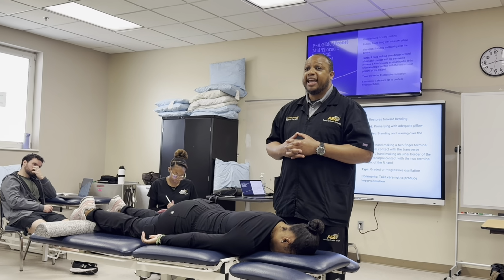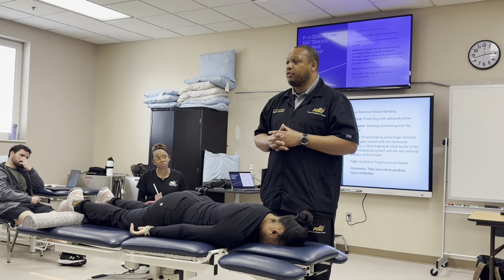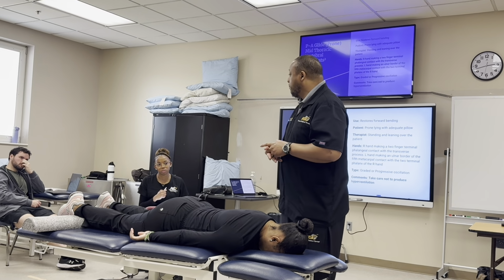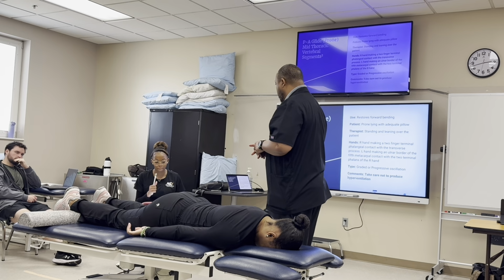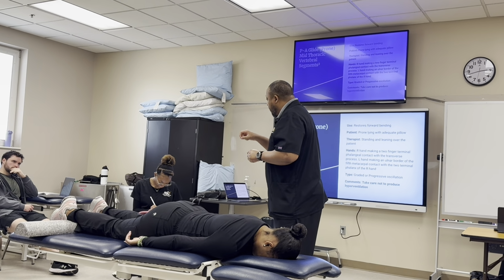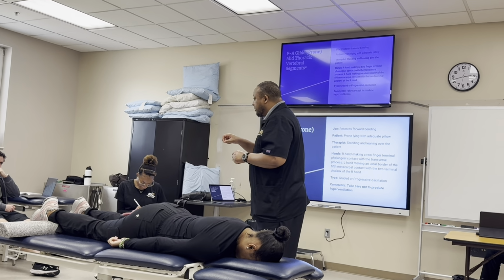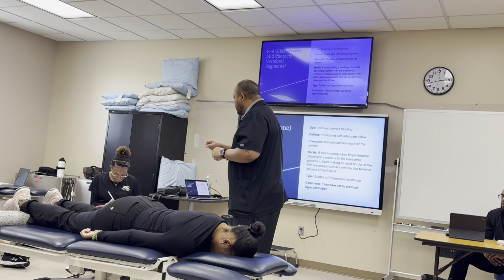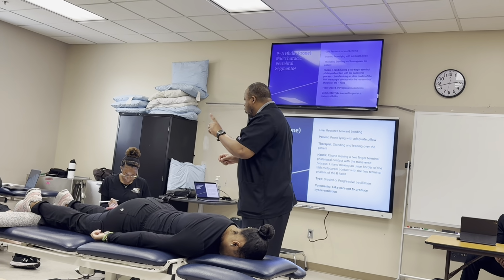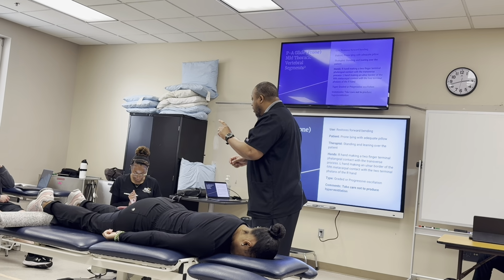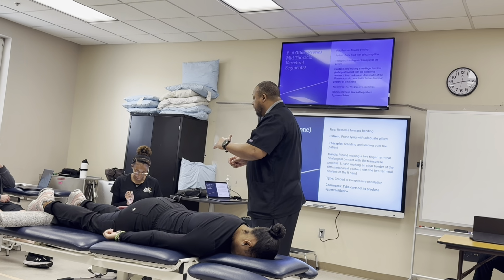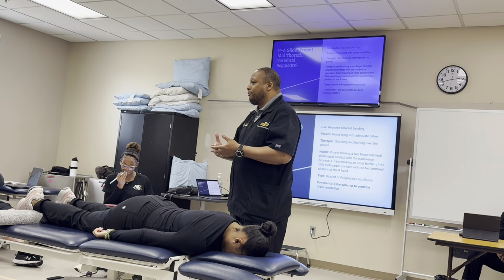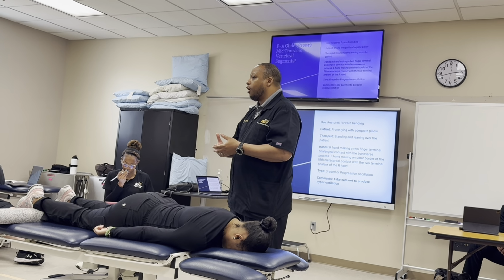What motion can that help to improve with T7 on T8 PA? Forward bending. All right. So the PA is necessary for forward bending of T7 on T8. So if I'm mobilizing T7 on T8, the PA, and I turn it into a treatment, I'm trying to improve forward bending of T7 on T8.